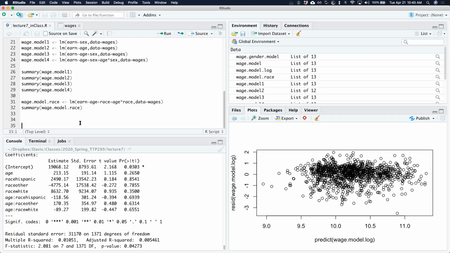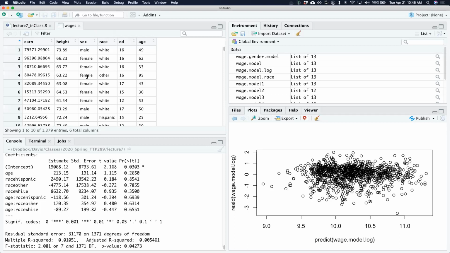We've looked at how to roughly diagnose whether the model fit is okay. And now there's this question of, even here, looking at wages, I have height, sex, race, education, age. I have these 5 different variables. How many combinations of variables are there?